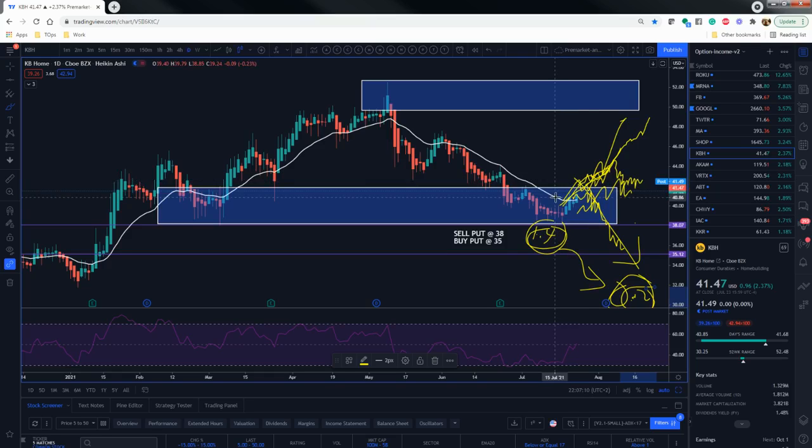What happens if the price of KBH just goes slowly and pulls back? It's okay as long as the price of KBH remains above 38.